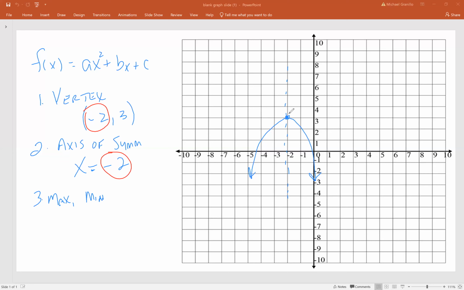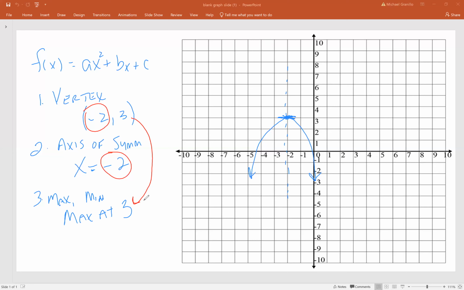It's still talking about the vertex, but it's just saying what that value right there is. That's a maximum because all the other points are below that, right? So this would be a maximum. We'd say there was a maximum at 3. Well, gosh, where does that come from? Well, that should be the same as that number, okay?